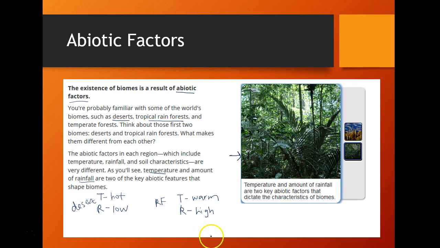And that allows for plants that are very green, very lush, and really encourages a diverse amount of species in that environment. So again, we see two different types of biomes, a desert and the rainforest. They have different temperature and rainfall, and that really characterizes them uniquely from one another.